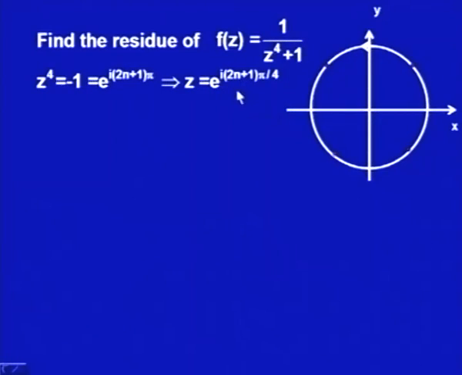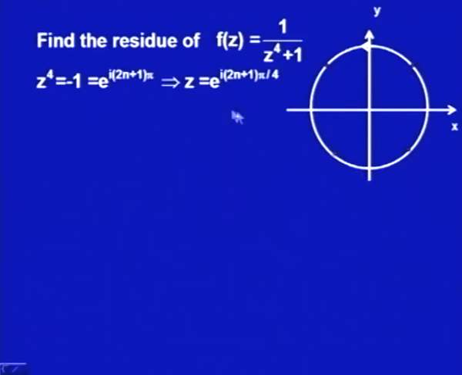Because here I am writing 1 as e to the power i(2n plus 1)pi, I am using polar coordinates. What it says is that if I keep increasing the n values, then unless I change my r, I would be on the same path.